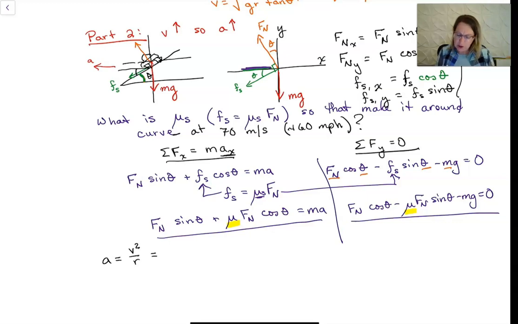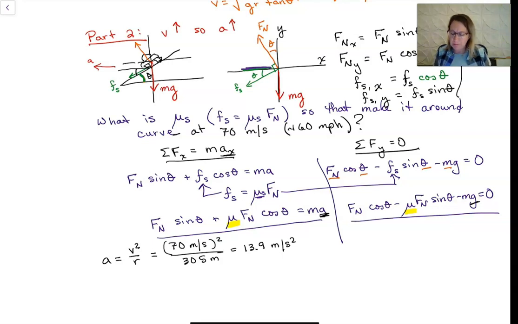So the acceleration is 70 meters per second squared over 305 meters, which I calculate to be about 13.9 meters per second squared.